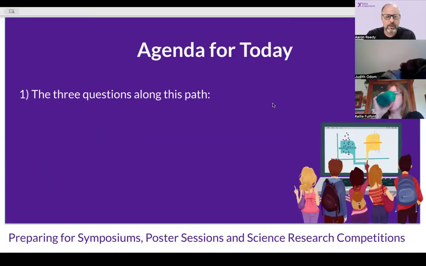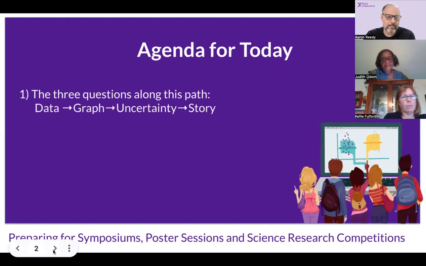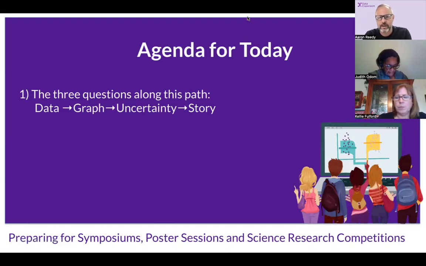So first, I want to go over our agenda for today, and I'm really going to focus on three questions along a path, and that path is data to graph to uncertainty and explaining uncertainty, and then to your takeaway story.